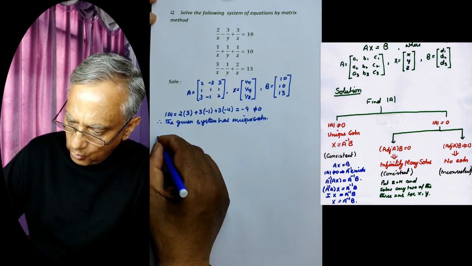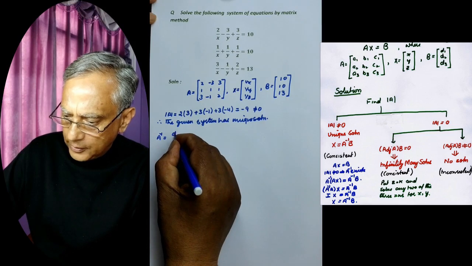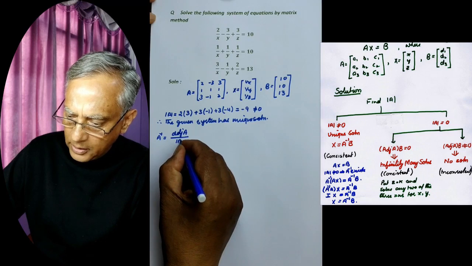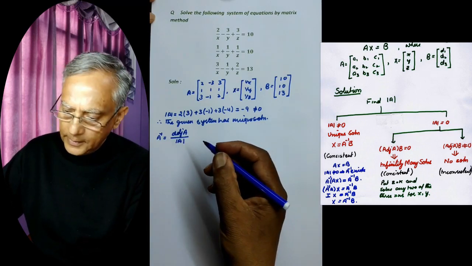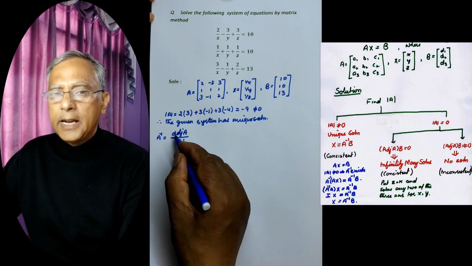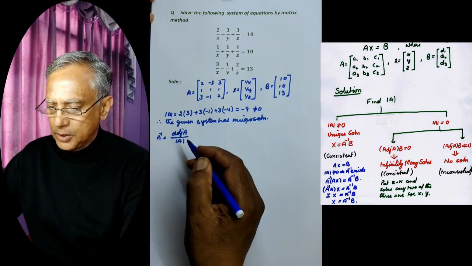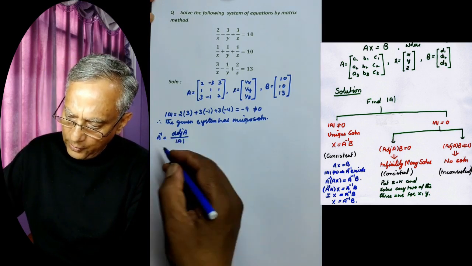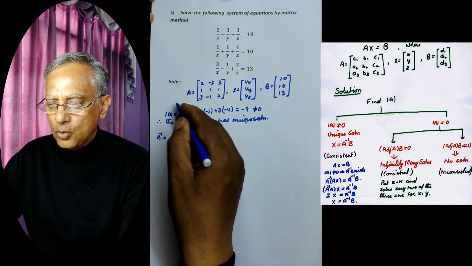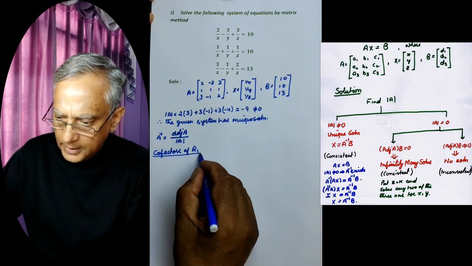Therefore, now we find A inverse. Now, A inverse is equal to adjoint of A over determinant of A. And adjoint of A is replace each entry by its cofactor and take the transpose. So what we do is we first find the cofactors of all the entries. Now cofactors of R1.